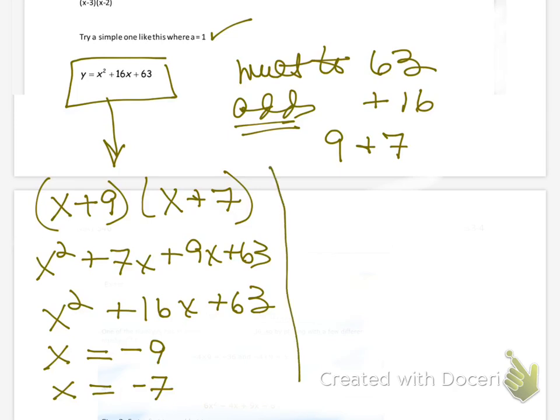So why don't we prove to ourselves that we could have done the longer way of decomposition? So we'll do that in a different color. So when I got the 9 and 7, I could have done the following. I could have said, okay, so x squared plus 9x plus 7x plus 63 are my 4 terms.